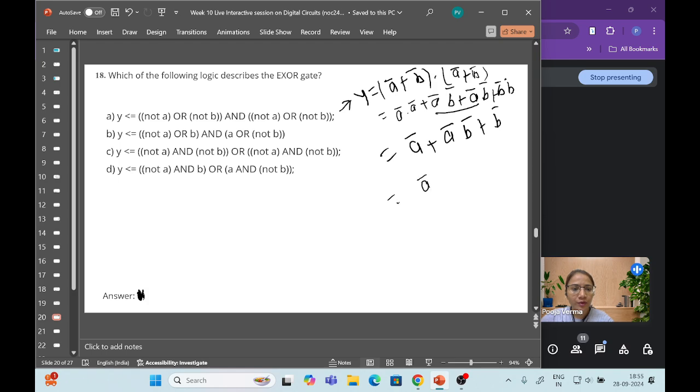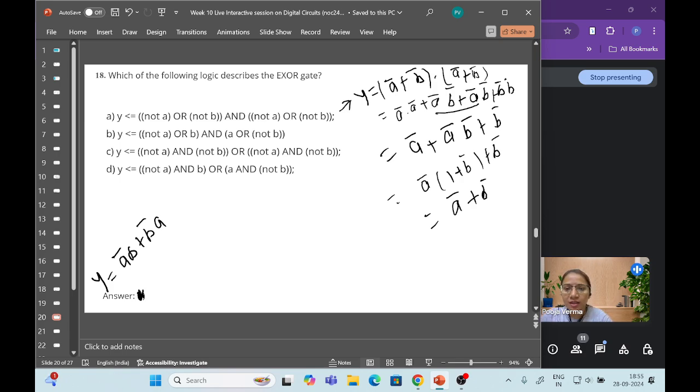If we take A dash common, 1 plus B dash, then plus B dash, what will be the answer? A dash plus B dash. It is not the logic expression for the XOR gate. Already we saw that A dash B plus B dash A is the logic expression for the XOR gate. So option A is not a correct answer.